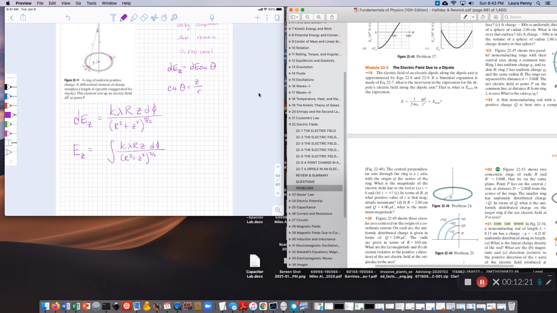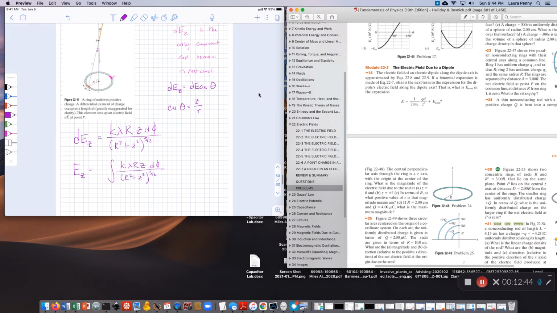Now, z is a variable. Everything else in there is a constant: k, lambda, R. But z doesn't depend upon phi. It's just how far up the axis you are. So in this integration, z is a constant with respect to d phi. So everything comes out.